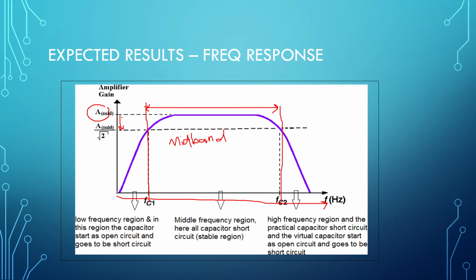Or we can say measure it as the maximum amplifier gain multiplied by square root 2, or 0.707. Okay, so you will vary the frequency and measure the gain, V out divided by V in.